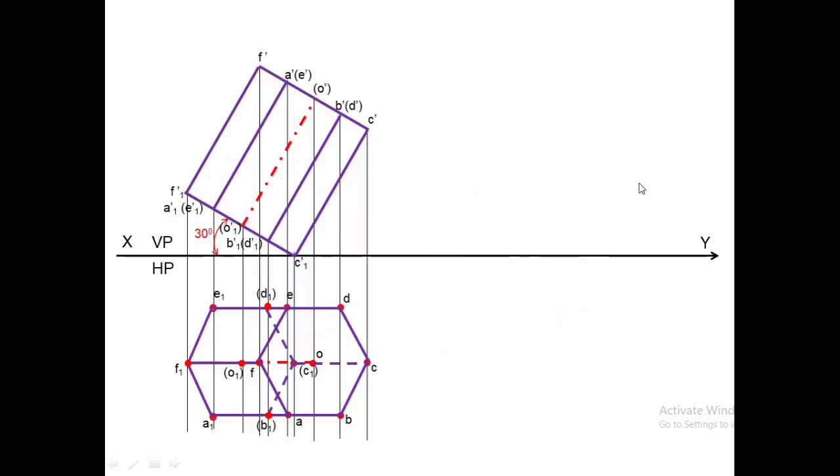Let us see how to draw the third position where the top view of the axis is inclined to VP. Reconstruct this top view here by drawing a 25 degree angle. Mark all the positions F1, O1, F, C, C1, all these things along the axis.